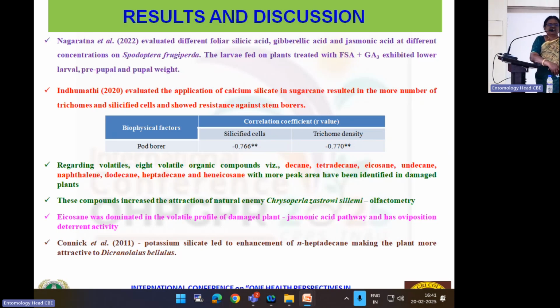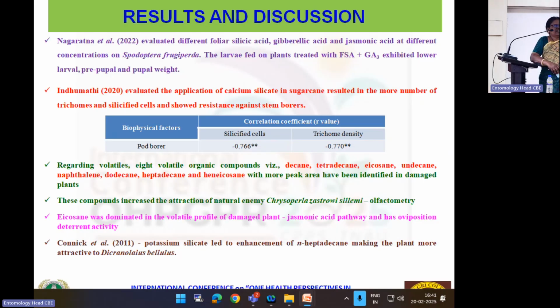Regarding volatiles, 8 plant volatile organic compounds were identified with more peak area in silicon supplemented damaged plants when compared to silicon supplemented healthy plants. And these compounds increase the attraction of natural enemies.